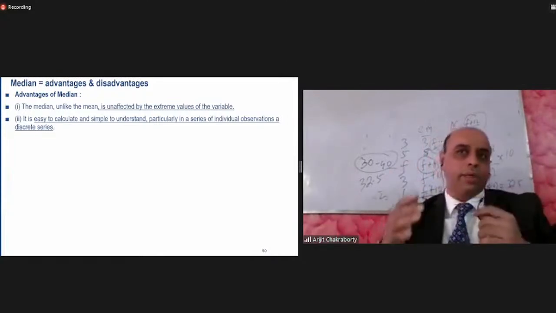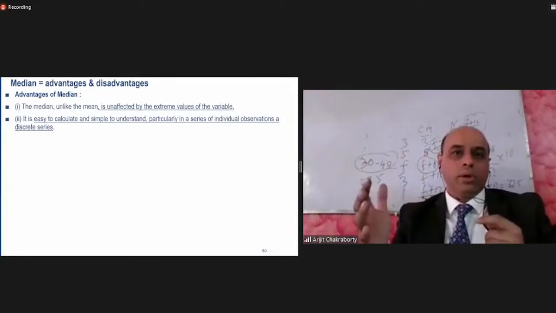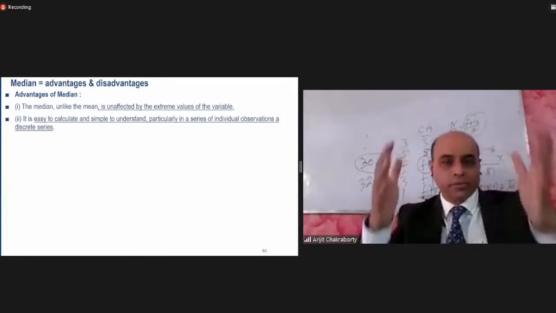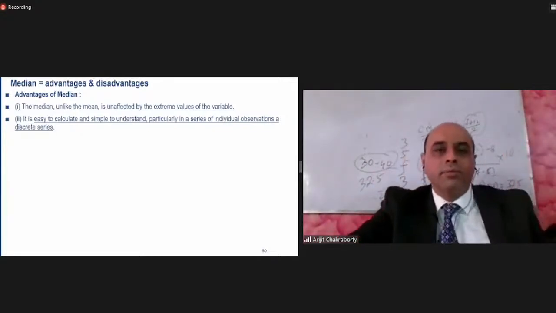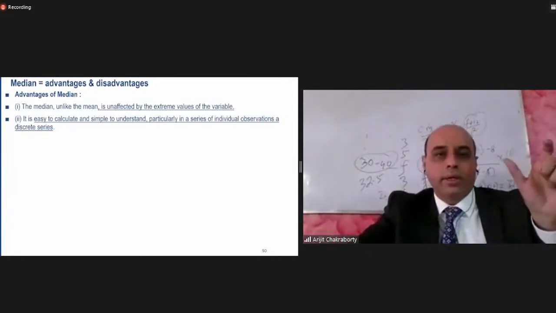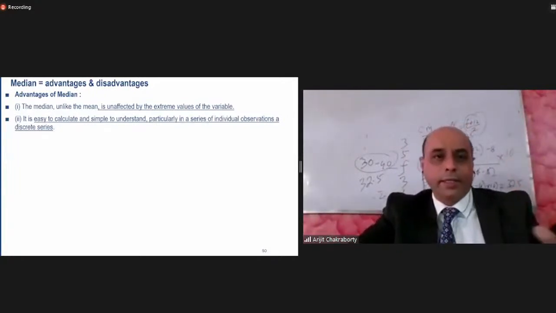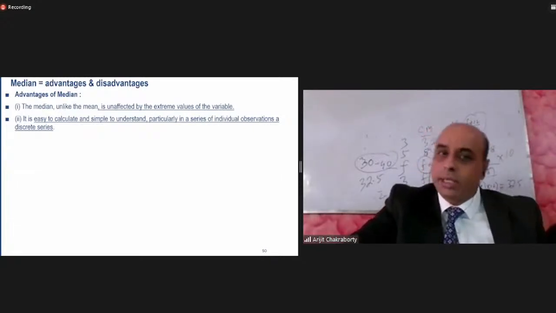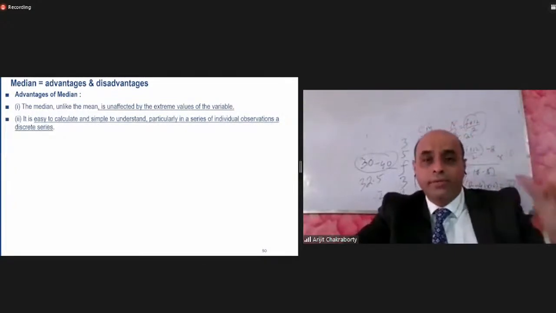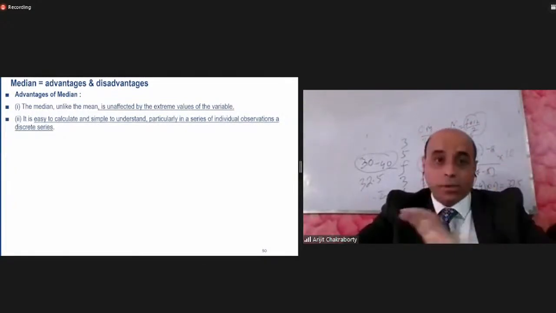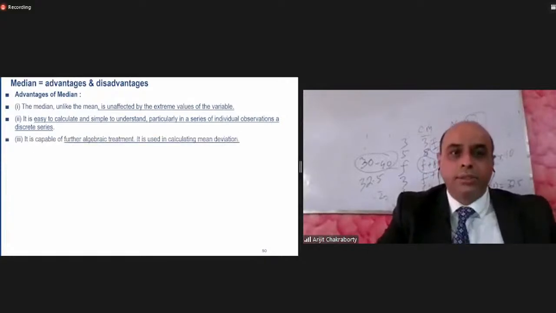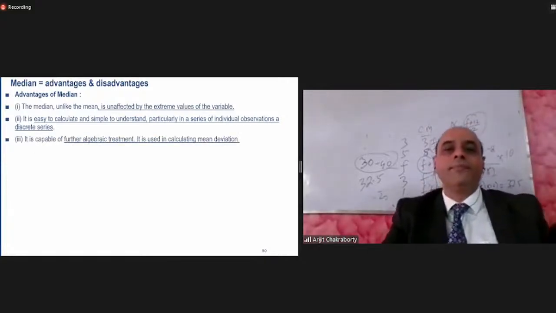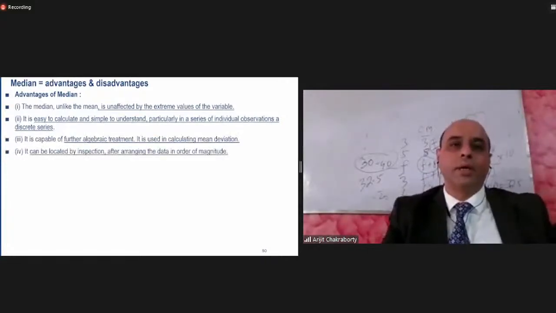If it is a grouped frequency distribution where we have class boundaries, the position is n by 2. But in simple cases, when you have simple observations, it is n plus 1 by 2. That gives you the position of the median. It is not the value, but the position of the median. So it is easy to calculate, and it is basically a positional average.